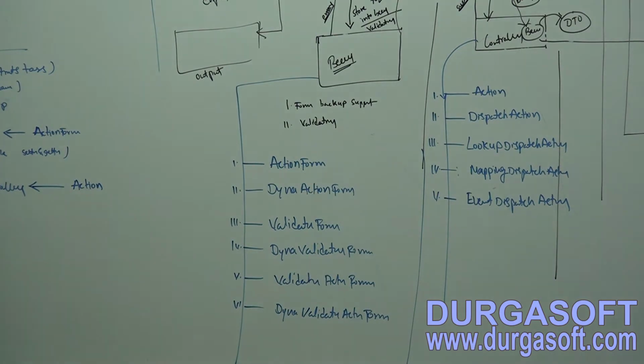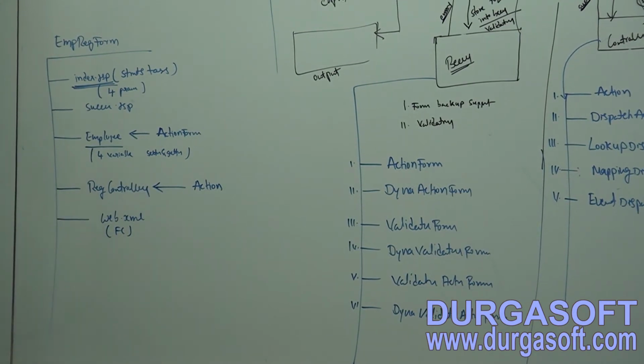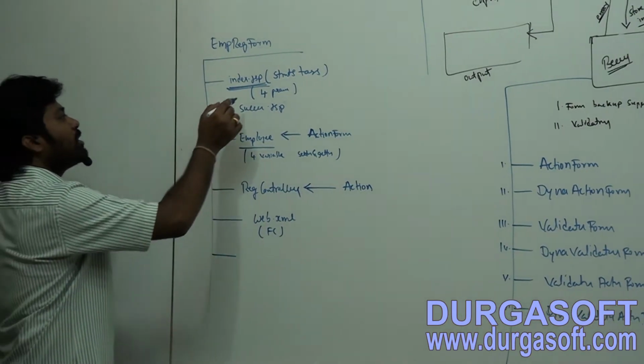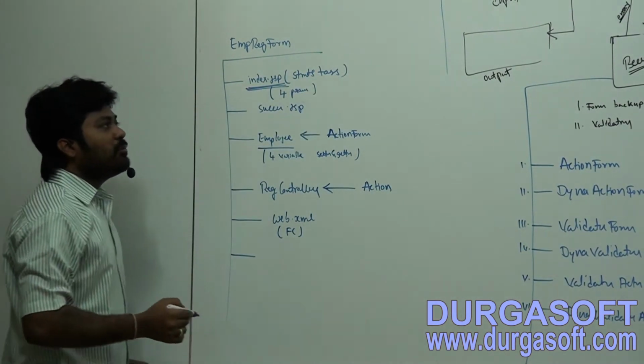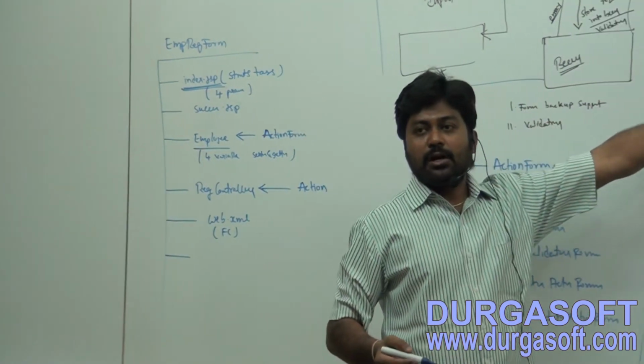And along with these classes, we require one web.xml file. Inside web.xml, we have to configure the front controller class. Our front controller class name is ActionServlet. And we have to provide mappings between input form, bean, and controller.